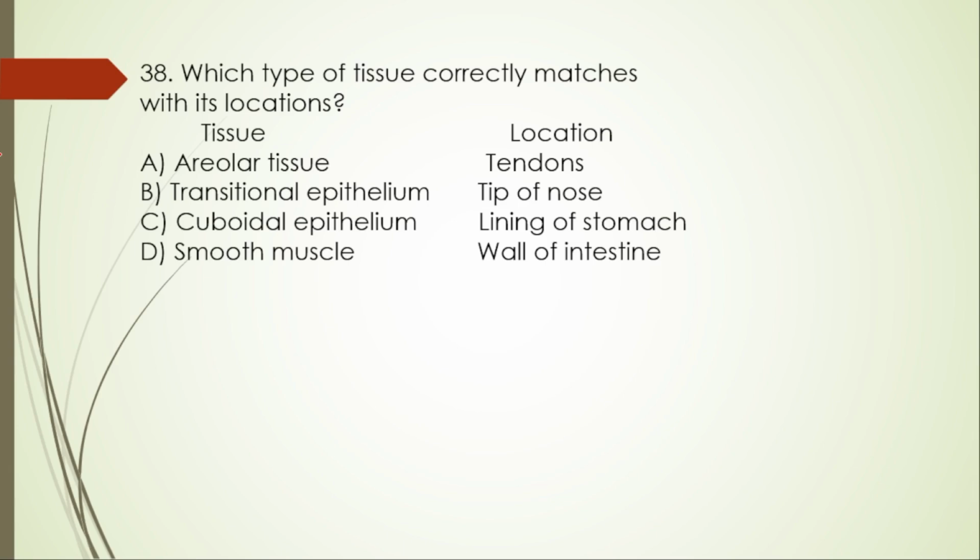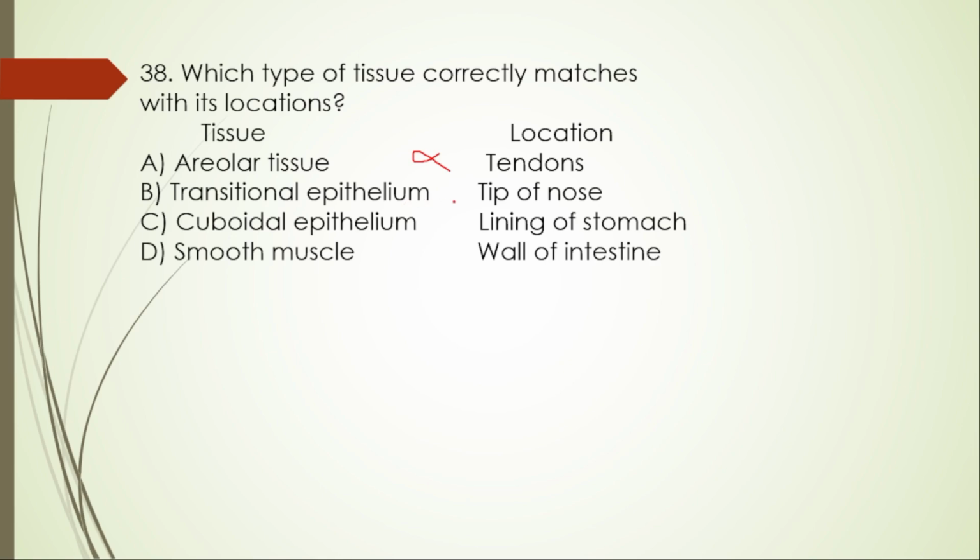Next, which type of tissue correctly matches with the location? Which type of tissue is located in which area? Areolar tissue is given for the tendons. It is incorrect because areolar tissue is a loose connective tissue found under the skin. This one is wrongly matched. Transitional epithelium, tip of the nose is given. It is wrong because transitional epithelium is not present in the tip of the nose.